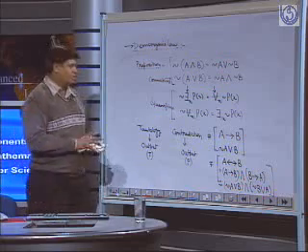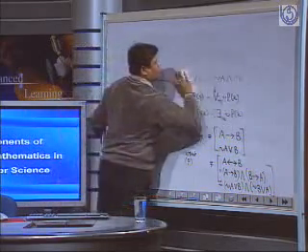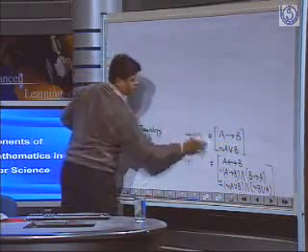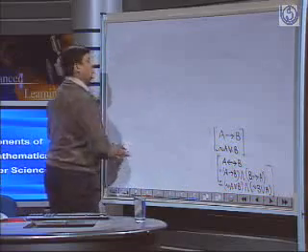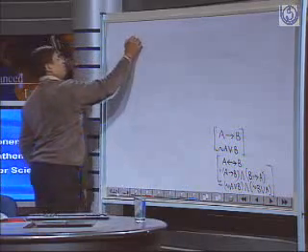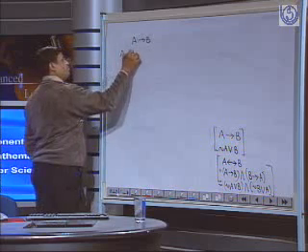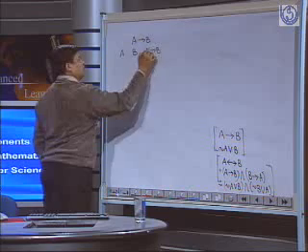How? Let's see now. Let us first draw the truth table for A implies B itself. What does this mean?